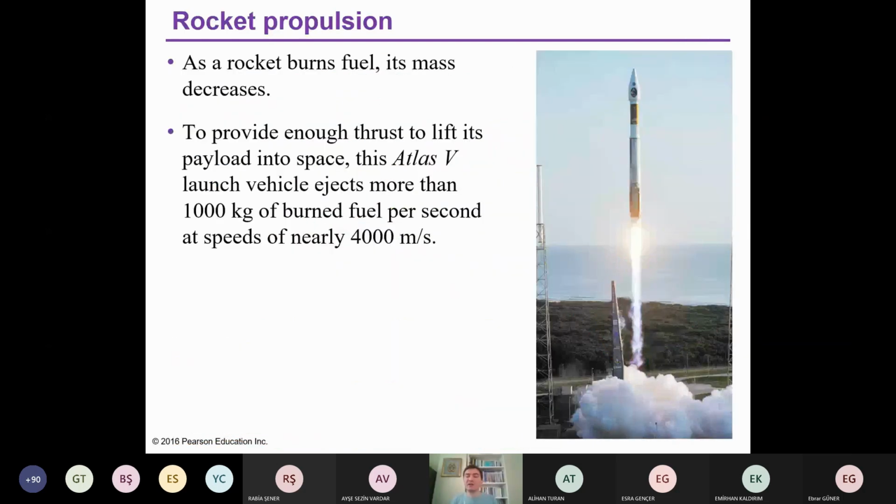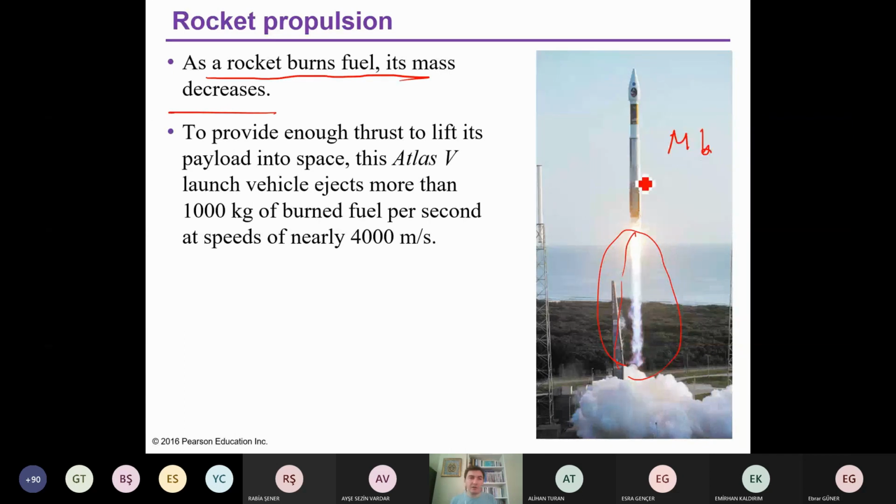Now, let me continue step by step. A rocket burns fuel, its mass decreases. So here we have ejected fuel, okay? So mass of this one decreased.